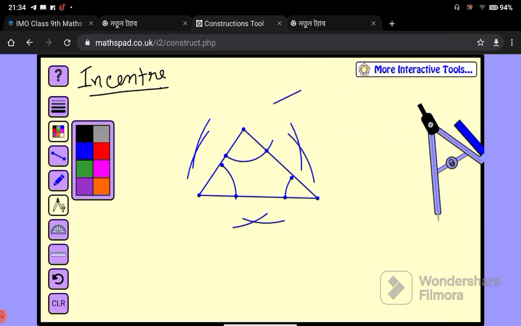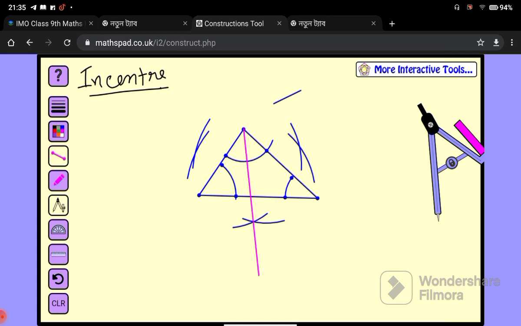Then join. To see perfectly, this is the incenter.